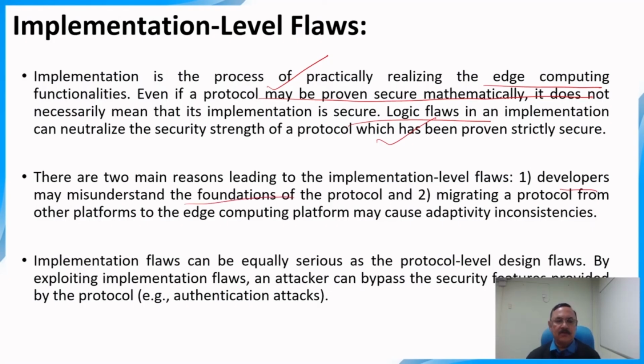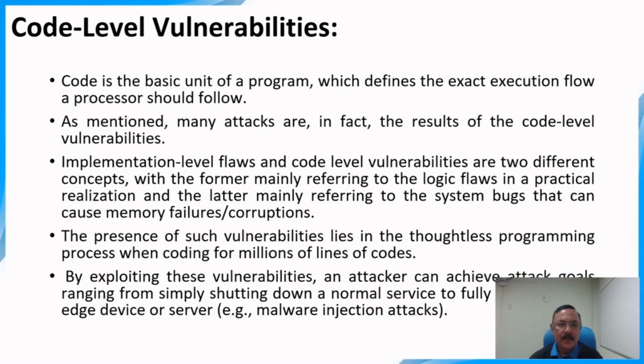Developers may misunderstand the foundation of the protocol, and migrating a protocol from other platforms to the edge server may cause inconsistency. So, implementation flaws can be equally serious as protocol-level design flaws. By exploiting implementation flaws, an attacker can bypass the security features provided by the protocol.